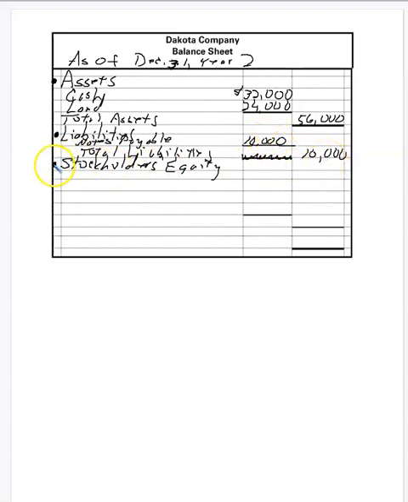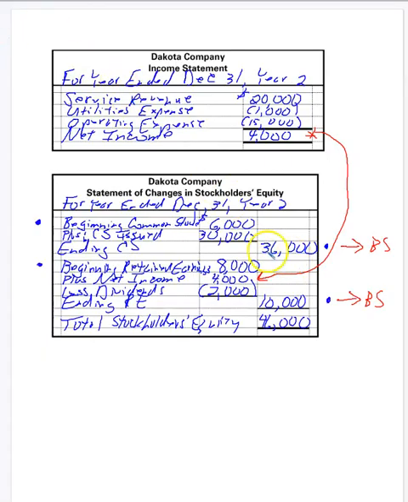And then stockholders' equity, we have the two, the common stock account, and the retained earnings. So the two common stockholders' equity are common stock and retained earnings, and I'm pulling those. 36,000 will go forward from stockholders' equity and 10,000.